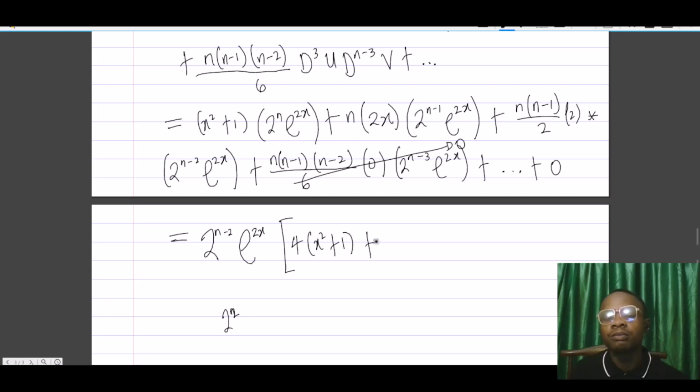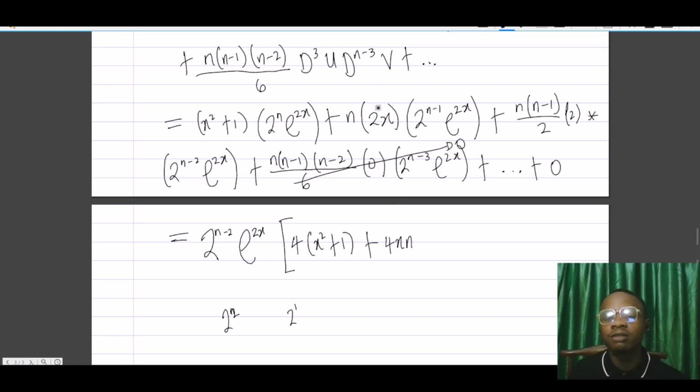Then plus, so for this we have 2 raised to the power n minus 1. So that means we should have 2 to the power of 1 right inside. So that by the time we multiply it by this one outside, it will give us 2 to the power of n minus 1 that we have here. So basically we have 2 outside. So 2 multiplying this, that will give us 4. So basically we're going to have this to be 4x multiplying n.